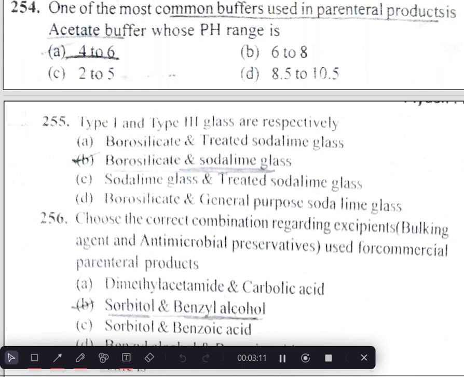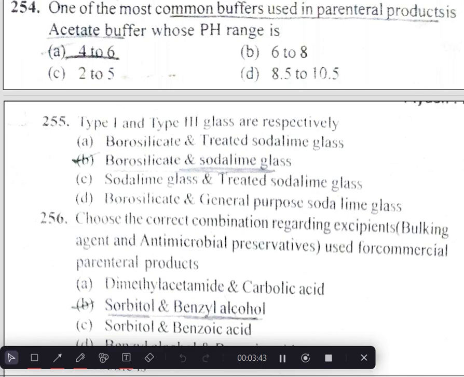One of the most common buffers used in parenteral products is acetate buffer, whose pH range is 4 to 6. Type 1 and Type 3 glass are respectively borosilicate and soda lime glass. Choose the correct statement or combination regarding excipients, that is bulking agent and antimicrobial preservative used for commercial parenteral products: sorbitol as a bulking agent and benzyl alcohol as an antimicrobial preservative.